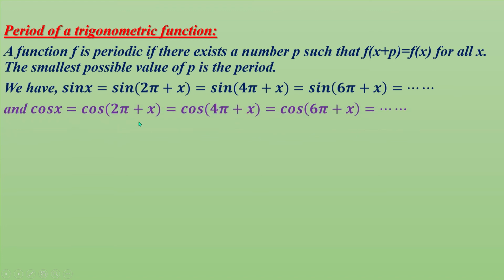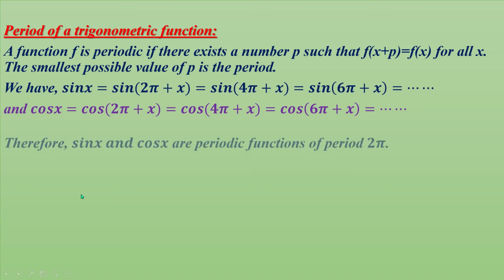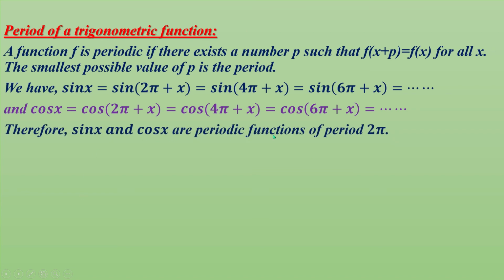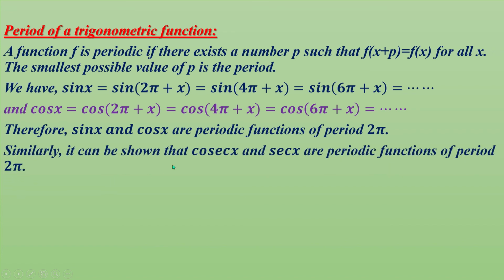Similarly, cos x is also equal to this, we can write it this way. And 2 pi is the smallest value of p. So 2 pi is also the period of the periodic function cos x. Clear? Therefore, sin x and cos x are periodic functions of period 2 pi. Similarly, it can be shown that cosec x and sec x are periodic functions of period 2 pi.